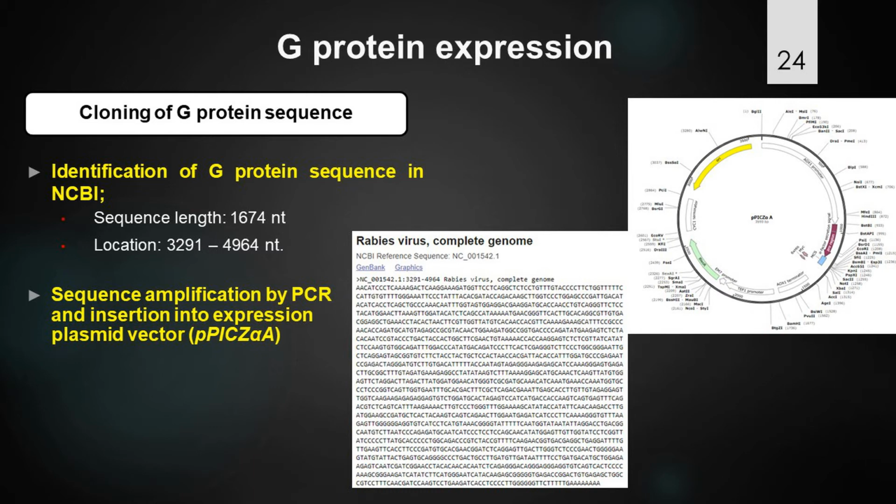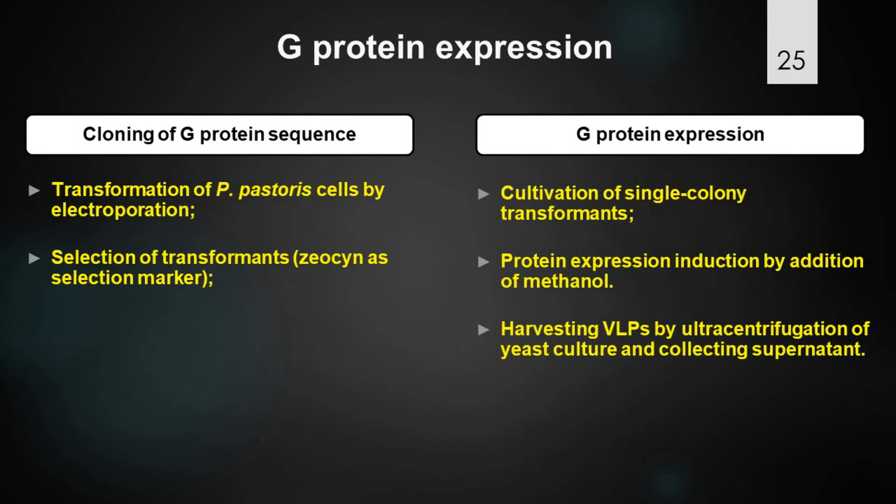Also, it contains a selection marker, the antibiotic zeocin, so we can select the transformants later on. And lastly, it adds a polyhistidine tag to our protein, which allows us to use metal affinity chromatography as a purification method.